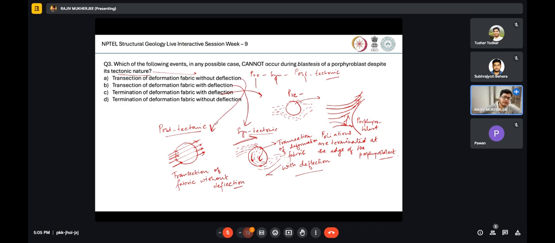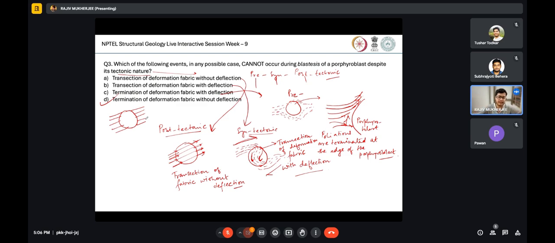So only one option is remaining, termination of deformation fabric without deflection. That is the correct answer because it cannot possibly occur for a blast. That means you have a blast, and you're seeing that the foliations are being terminated at the edge of the blast, but they are not deflecting.